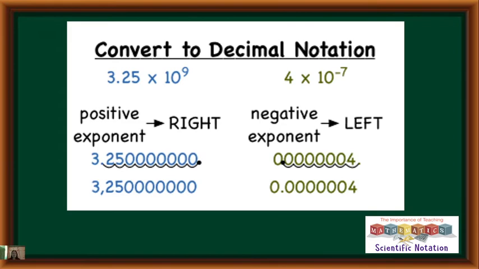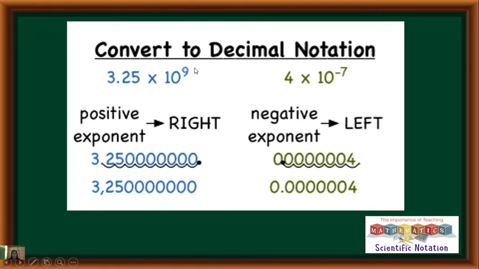Let us try to start on this given example. Convert to decimal notation 3.25 times 10 raised to the 9th power. Take note that we have a positive exponent. The decimal point, which is here, should be moved 9 times to the right because the exponent is 9 and it is positive.